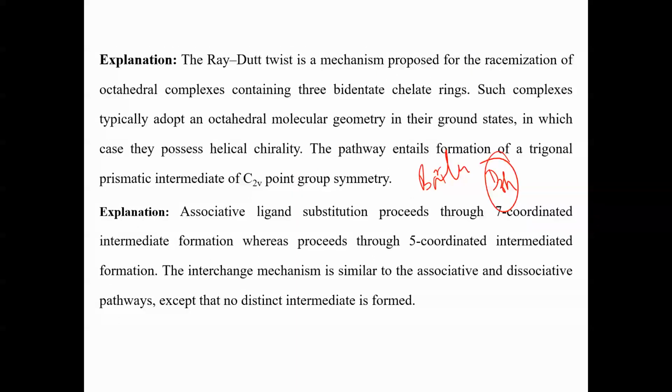If they undergo the associative mechanism, they will form the 7 coordinated intermediate, but in case of dissociative mechanism, they will form a 5 coordinated complex. But in case of interchange mechanism, the mechanism is similar, but there is no intermediate formed.